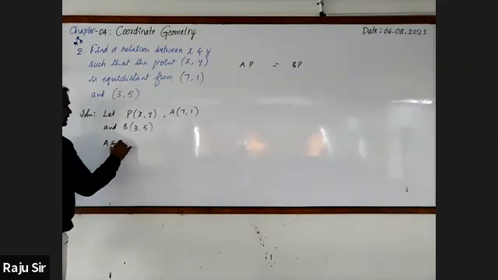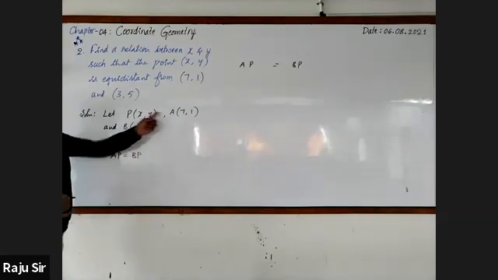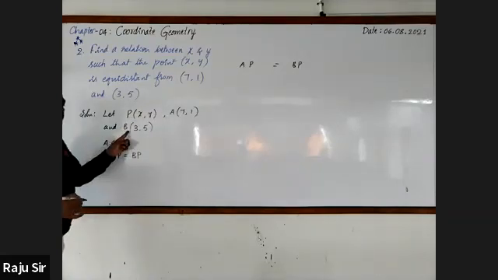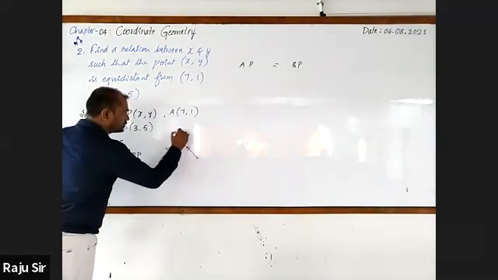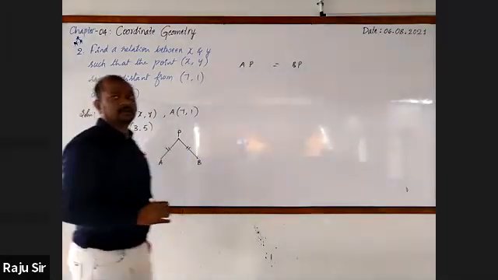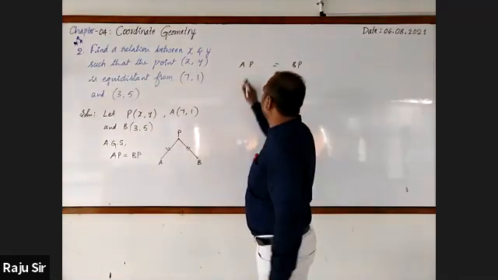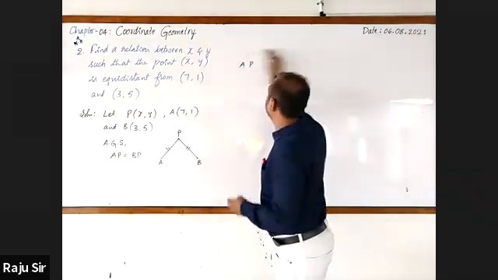According to the given statement, how do you write? AP equal to BP. The point P is equidistant from both A and B. This is point P, this is A, this is B. To find out either AP or BP, we need the distance formula.